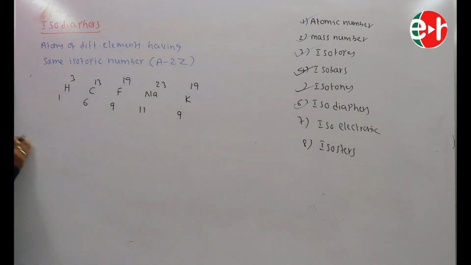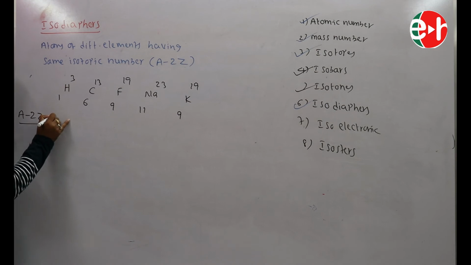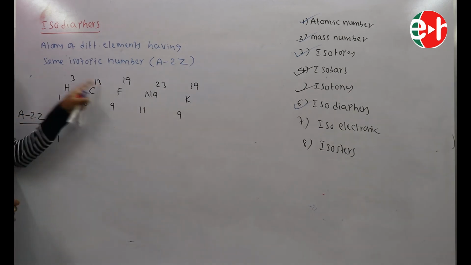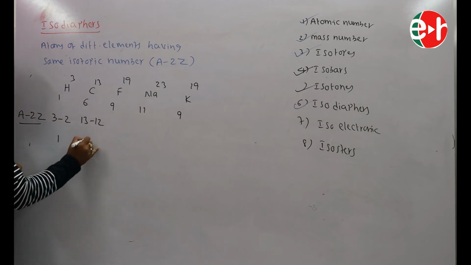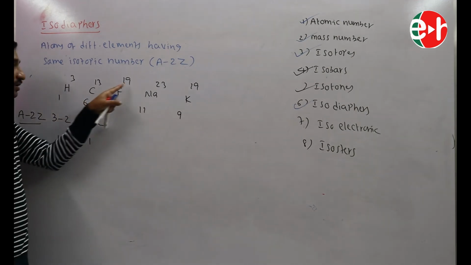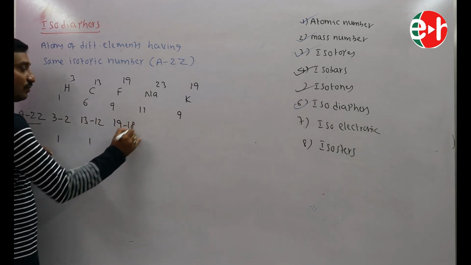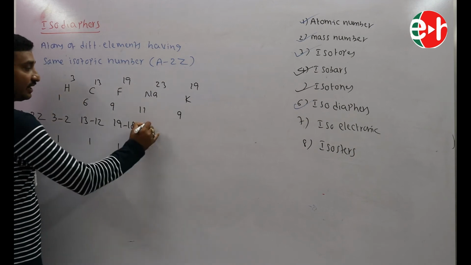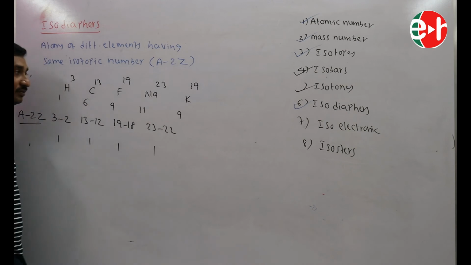Now find A minus 2Z value for these. A value 3, Z value 1, 2Z is 2 into 1, 2, so 1. Here A value 13, 2Z, 2 sixes are 12, 13 minus 12, 1. Here 19 minus 2Z, 2 nines are 18, 1. Mass number A 23 minus 2 elevens are 22, 1.